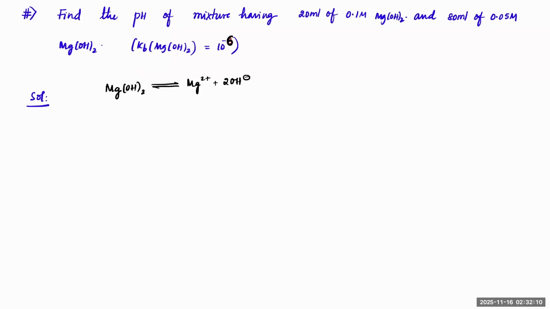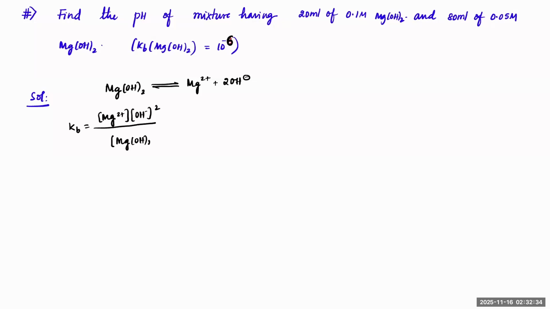KB value will be equal to Mg2 plus ion concentration into OH minus ion concentration whole square, divided by the concentration of MgOH twice.